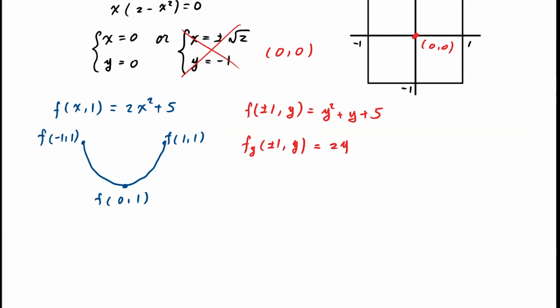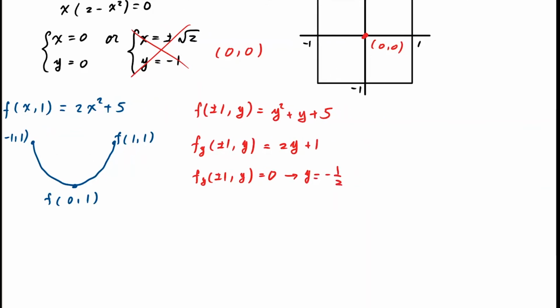This thing becomes, of course, 2y plus 1, right? And if I set that to 0, that tells you that y is equal to -1/2. You know what I'm saying? So what we have here is this kind of parabola.